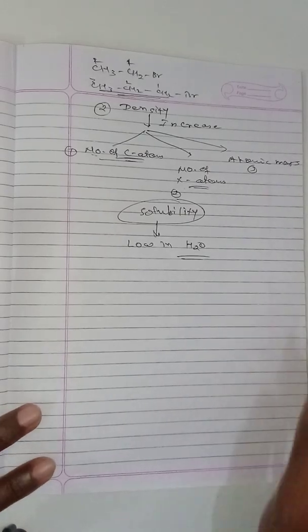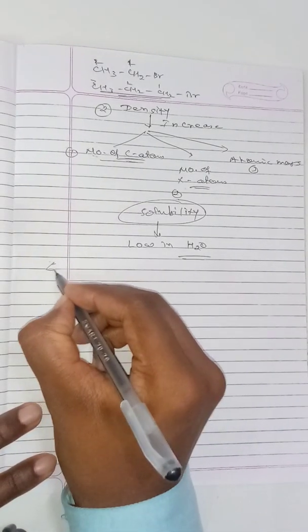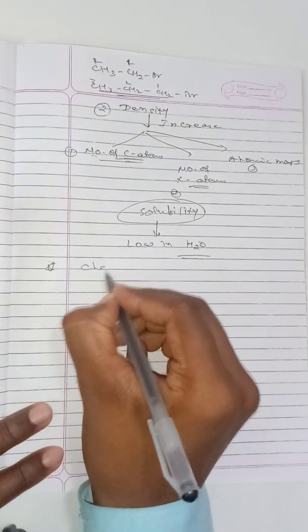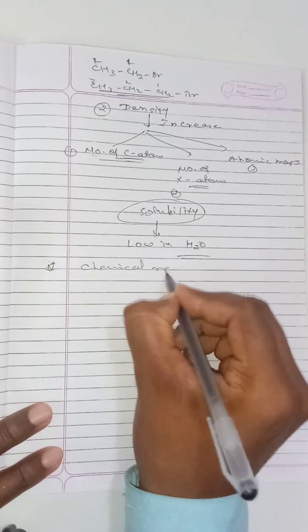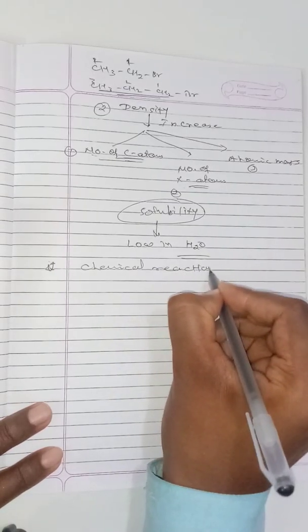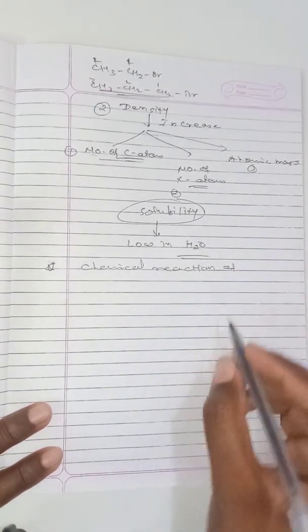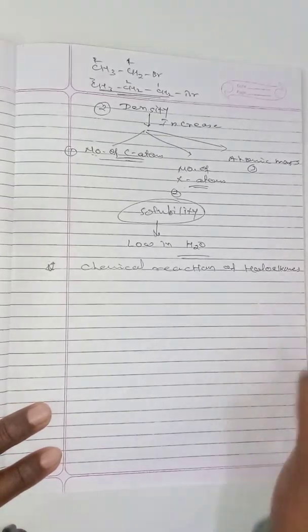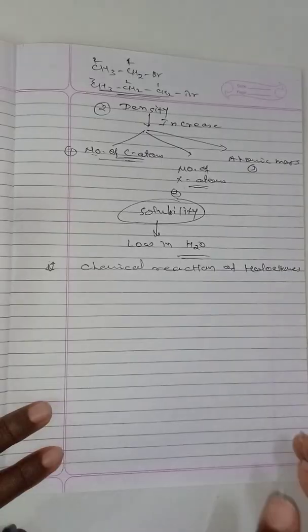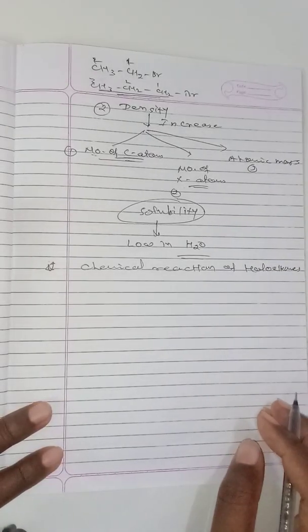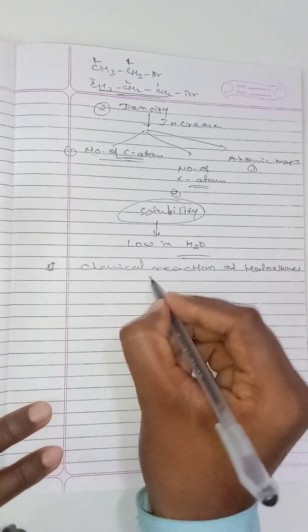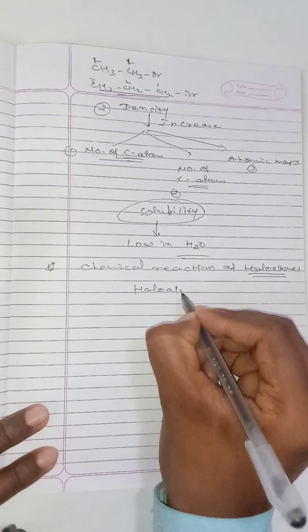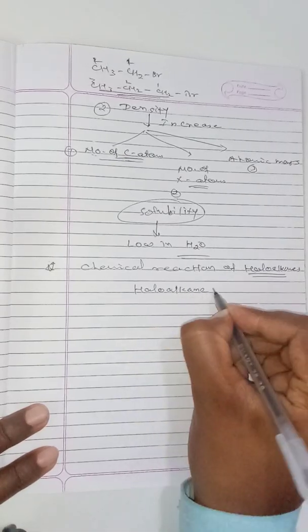Okay, now our next topic, it is very important: chemical reaction of haloalkanes and chemical reaction of haloarenes. First of all, let's see the chemical reactions of haloalkanes.